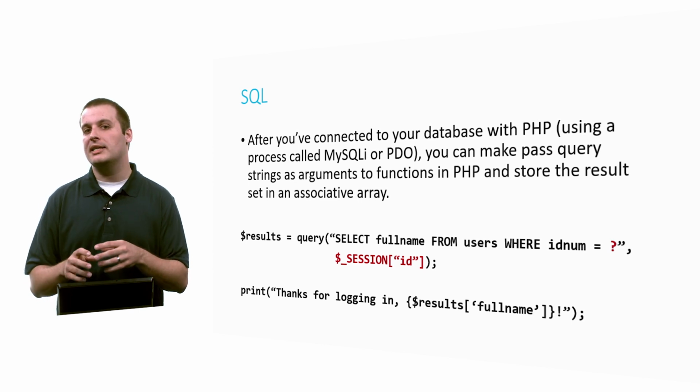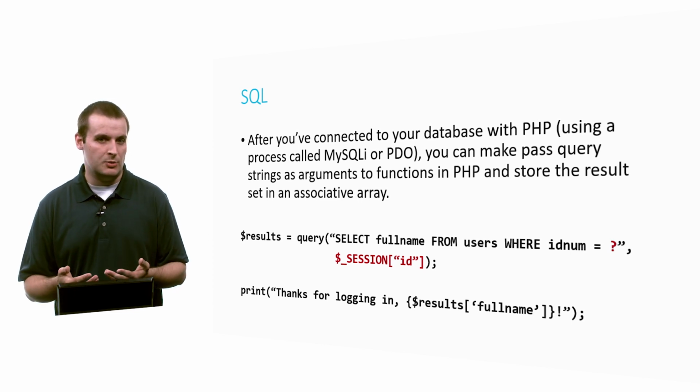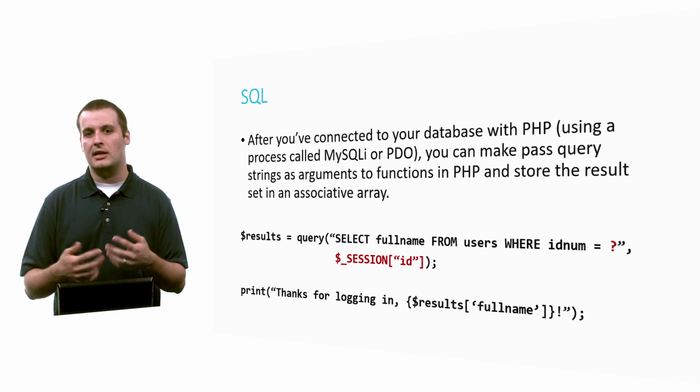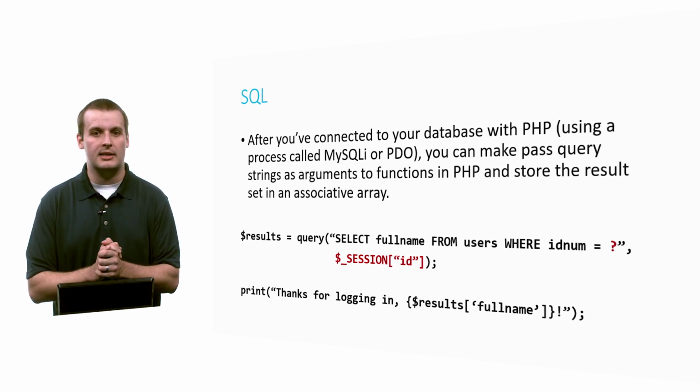So maybe a user logged in earlier, and you saved their user ID number in $_SESSION, a PHP superglobal, in the key ID. So maybe after they logged in, you set $_SESSION ID equals 10, extrapolating from the example we just saw a second ago.